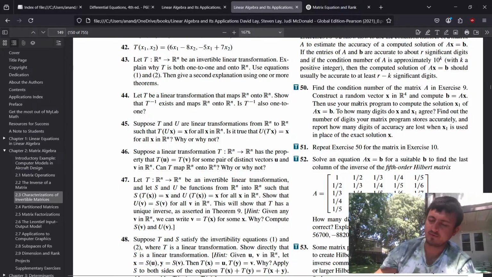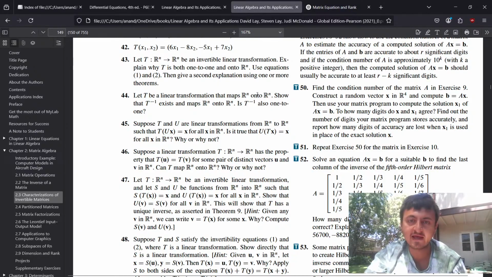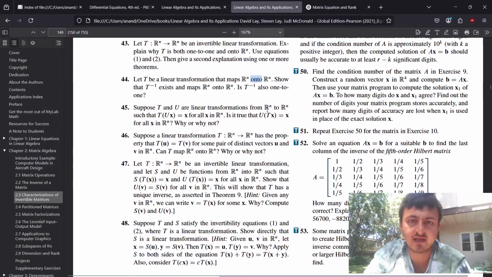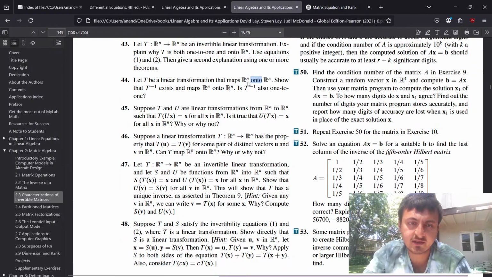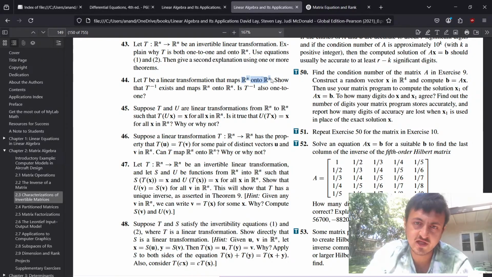The hard part for me about this stuff is that you read the word onto and you just forget that onto actually has a precise meaning. So, okay, we span the codomain. We also could immediately say that if it's going from Rn onto Rn, then the standard matrix of the transformation is going to have n pivots. So it must be invertible.